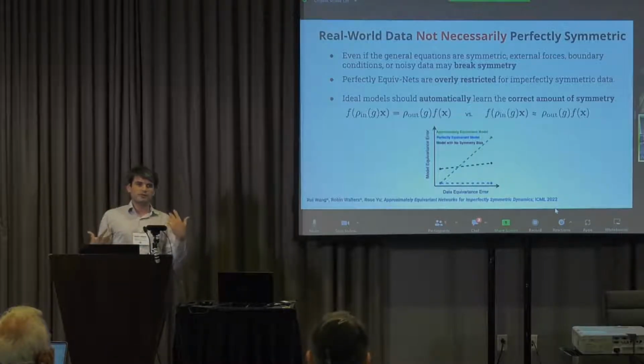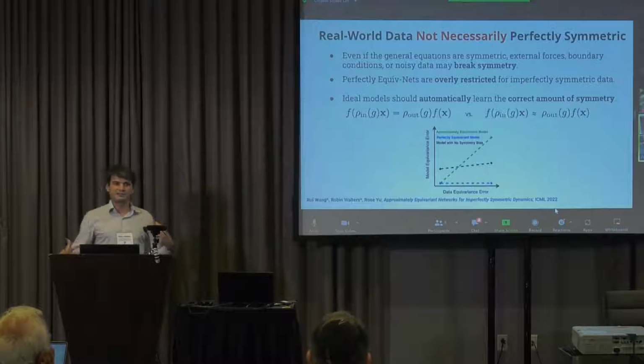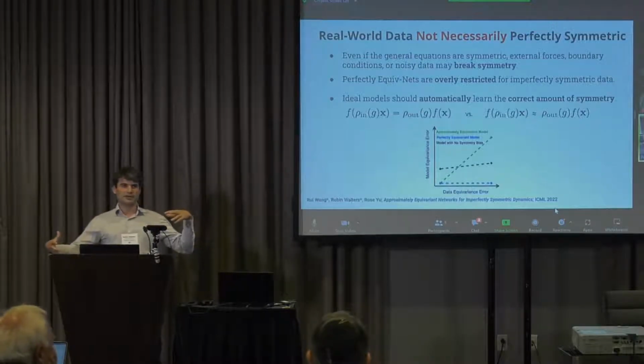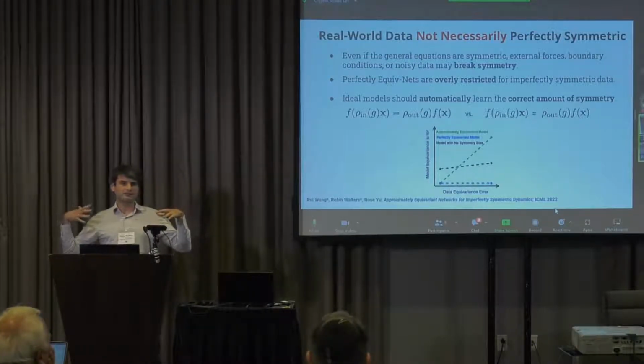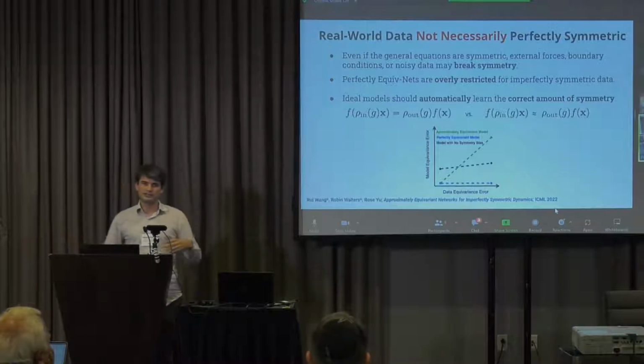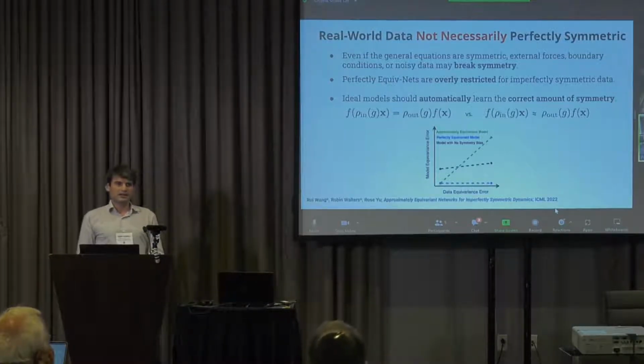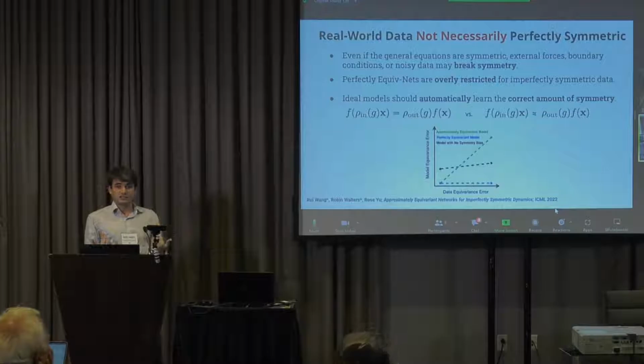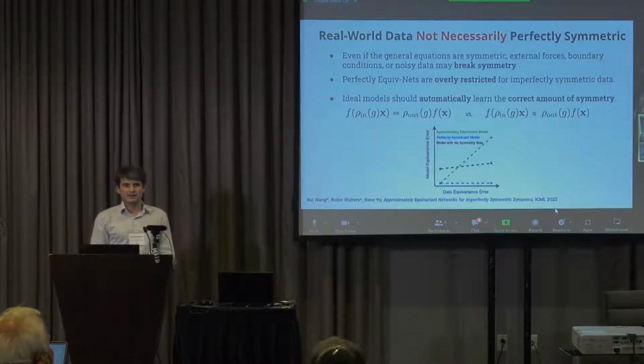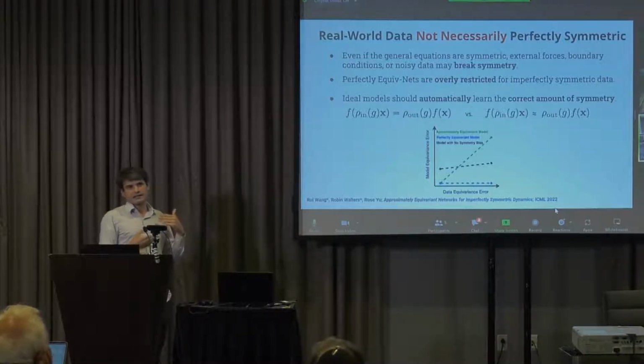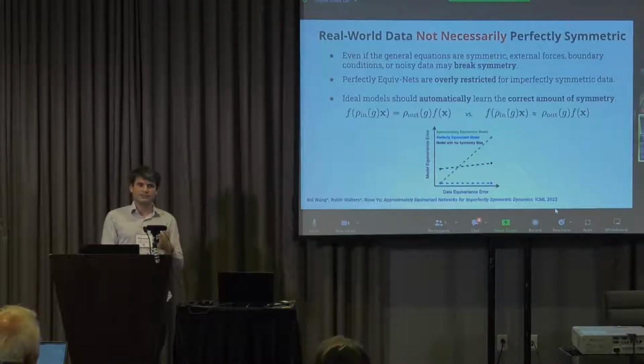But all real-world fluid data that I might study is going to have some kind of symmetry breaking parameters, some kind of external forcings or boundary conditions that are going to break symmetry. Nonetheless, in a lot of regimes, the symmetric terms are still dominant parts of the mechanics, right? And so what I'd like is a model that can accommodate some amount of symmetry breaking while still leveraging the advantage of understanding that most of the dynamics are symmetric.